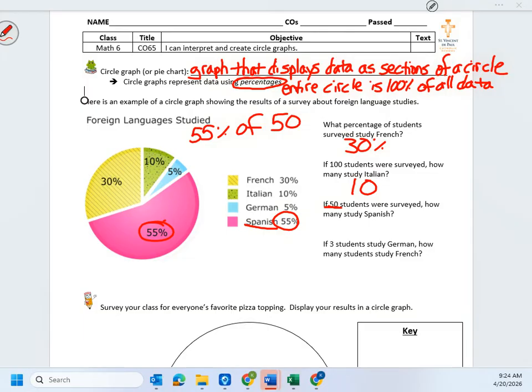27.5. Not 27.5. What math did you do? So what decimal is that? So if we do 0.55 times 50, do that math again on your calculator.